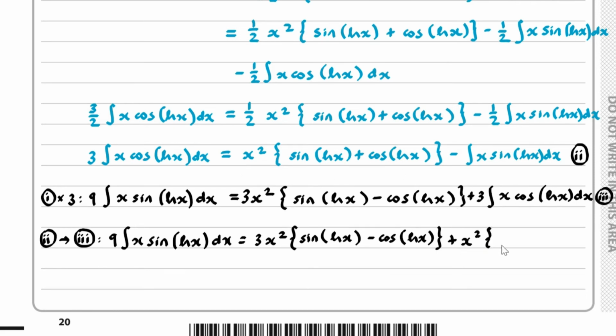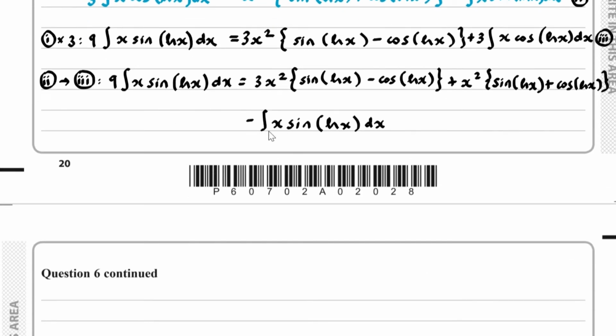I've got x squared times sine of natural log x plus cos of natural log x, subtract the integral of x times the sine of natural log x dx.